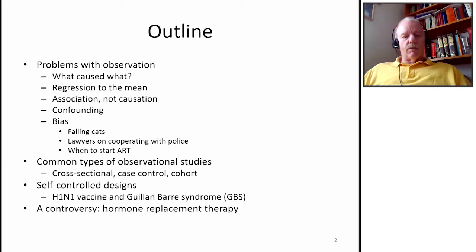I'm going to talk a little bit about the common types of observational studies: cross-sectional, case control, and cohort. And then I'm going to talk about a so-called self-controlled design that I think has some advantages. I'm going to illustrate that with a study that we did on the H1N1 vaccine and Guillain-Barré syndrome. And then I'm going to tell you about an interesting controversy involving hormone replacement therapy.